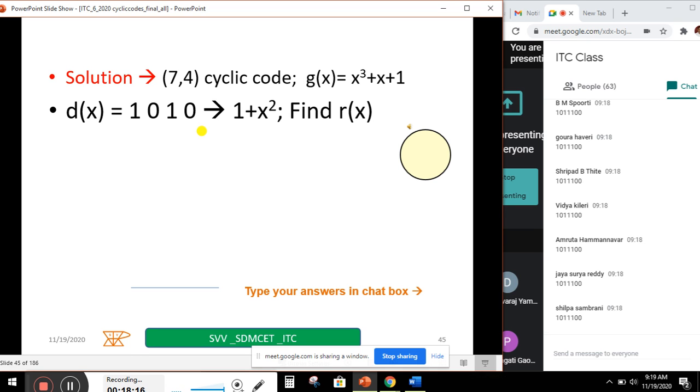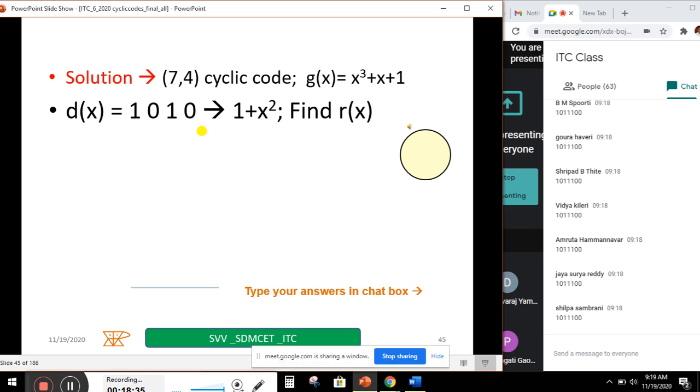Write down the solution. (7,4) cyclic code. G of x equal to x cube plus x plus 1. D of x equal to 1010 is given. In polynomial form, it becomes 1 plus x square.